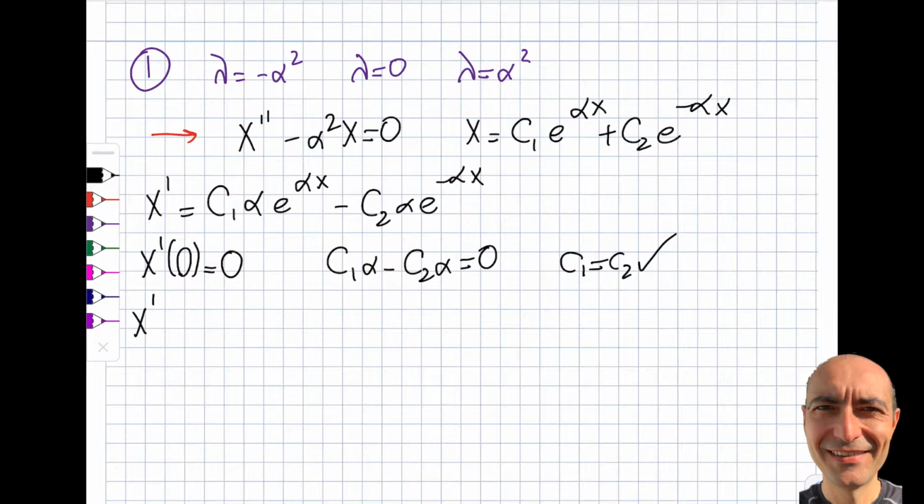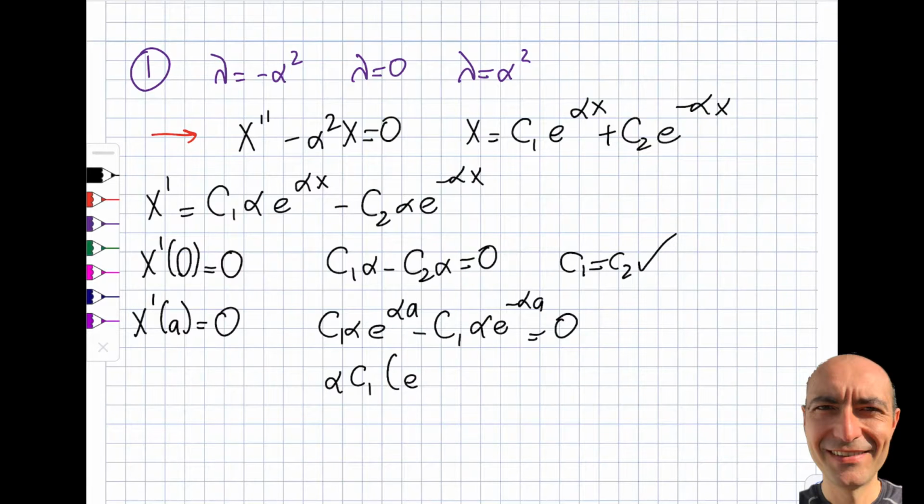Now I'll use the second boundary condition. C1 alpha e to the alpha a minus, I'm going to write c1 because they are the same, alpha e to the minus alpha a is equal to 0. And let's see, alpha and c1 are common, so e to the alpha a minus e to the minus alpha a is equal to 0, right? That's what I get. So from here, alpha is definitely not 0, because that's another case.